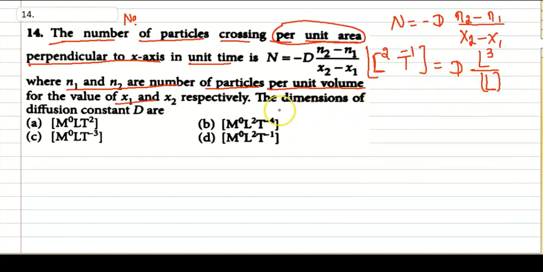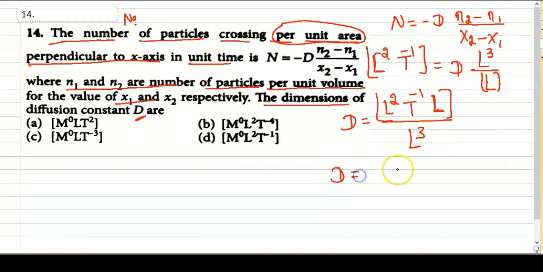Then you have to find the dimensional formula for D. D is equal to L squared T to the power of minus 1 into L divided by L cubed. So the dimensional formula for D has no M, so M to the power of 0, and L cubed and L give L to the power of minus 2, but since L cubed is per unit volume, it is minus, so the L power becomes plus 2, and then T to the power of minus 1.